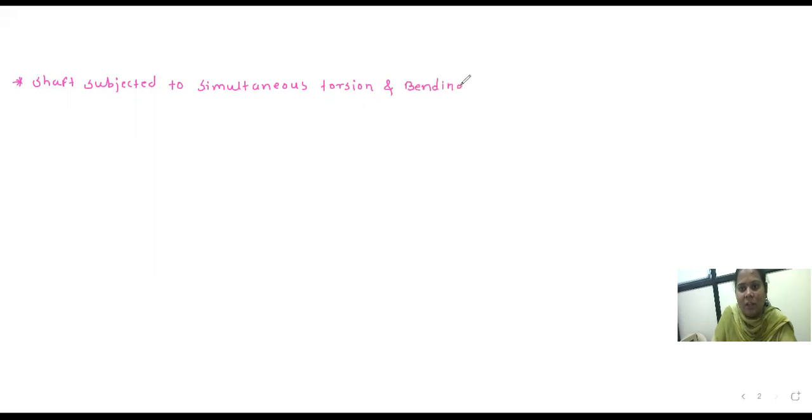First we will see effect of torsion and bending, and after that we will see effect of thrust. So first point is shaft subjected to simultaneously torsion and bending.